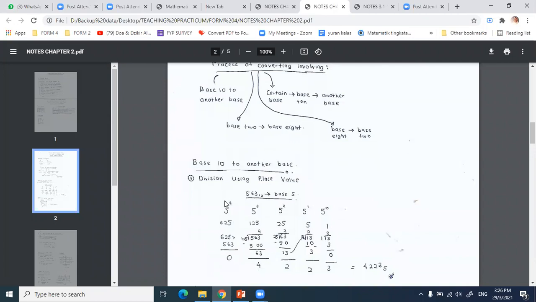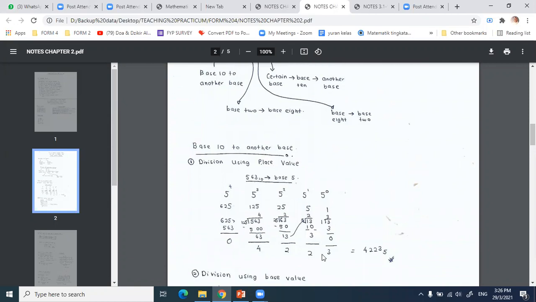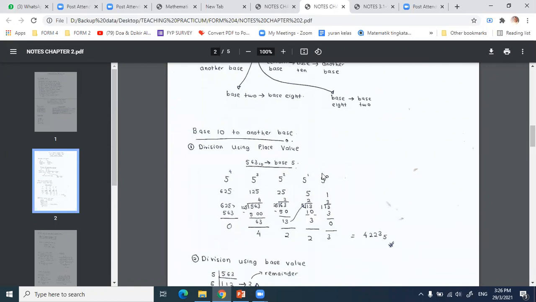Now, this is how we convert base 10 to another base. For example, we have 563 base 10 to base 5. This is using the place value. Since it is in base 5, we should take the place values, which are 5 to the power of 0, 1, 2, 3, and 4.